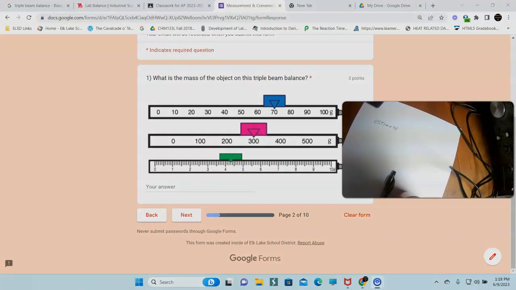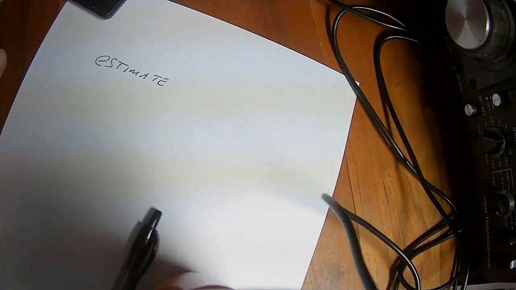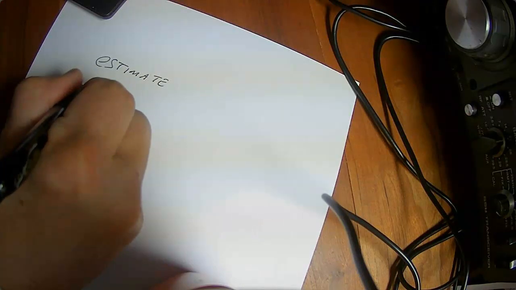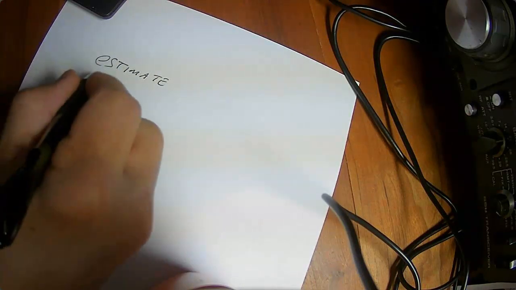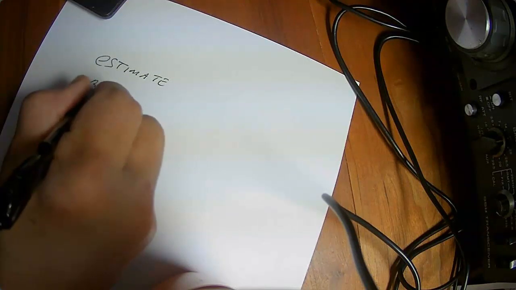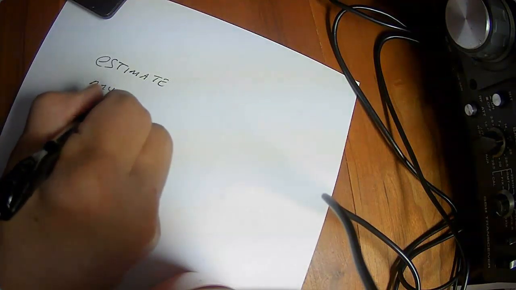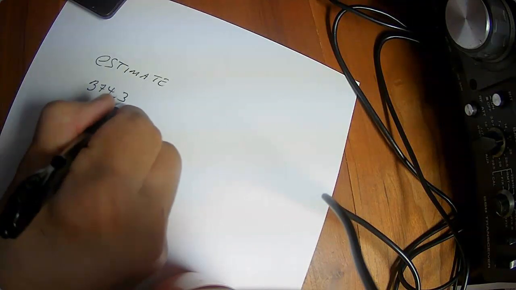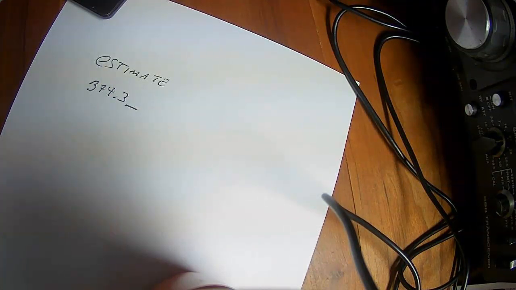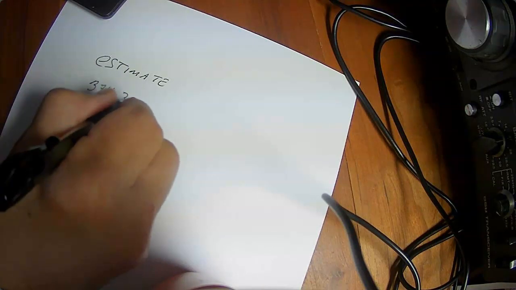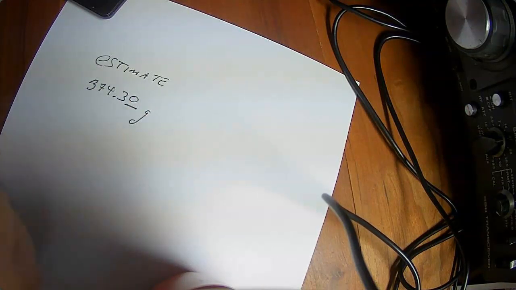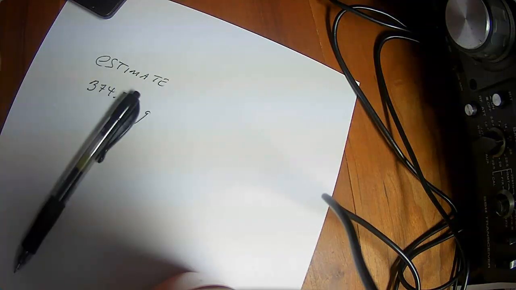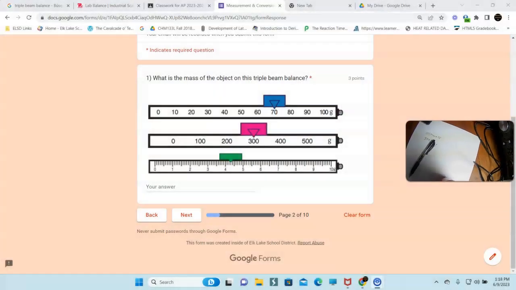So let me see if I can do this without getting myself in trouble. Whenever you do this, 374.3 grams. You really want to also make your best guess at that one place after that. So you actually can have what are called five significant digits here to use for calculations. So that's one thing to keep in mind.